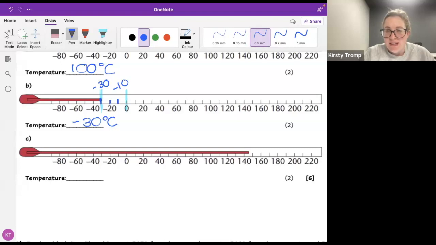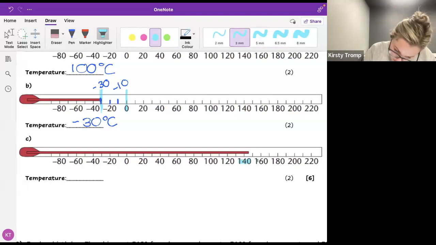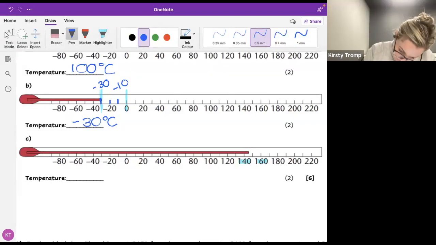All right, Christina, do you want to help me with this one? What do you get when you read off the temperature? So what I got, I saw that's between 140 and 160. Good. And then between those two is 150. Good, so I agree with you.